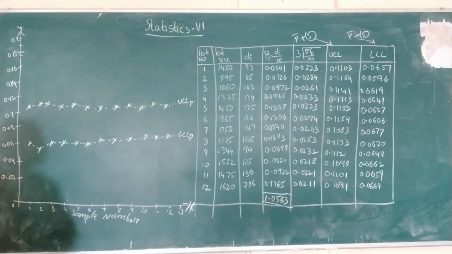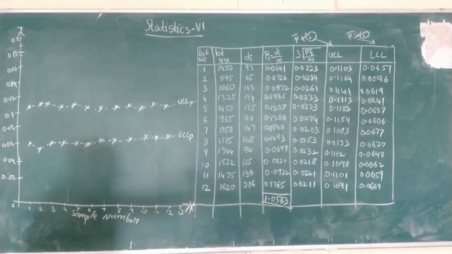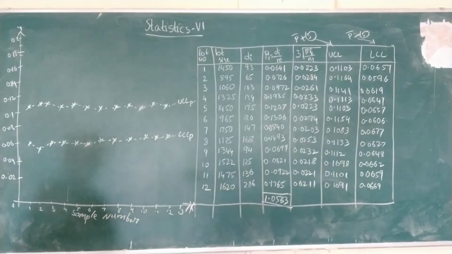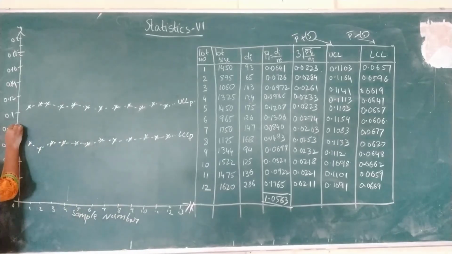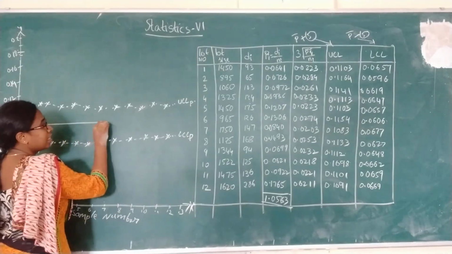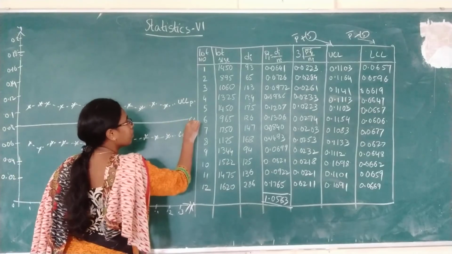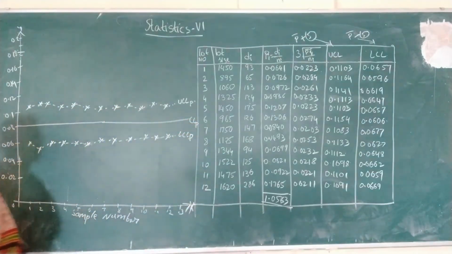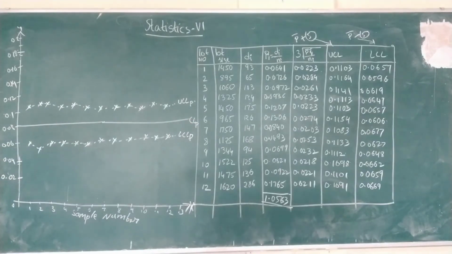Next you have to draw a straight line for the P central line, that is CL. CL is P bar, and the P bar value is 0.08. So here you will be getting the CL of the P chart. Now we have plotted all the UCL, CL and LCL values.